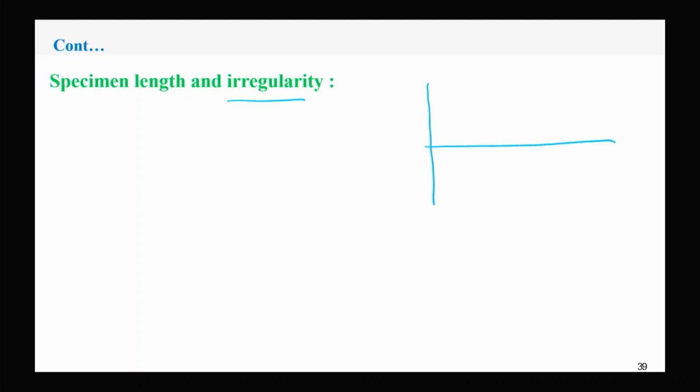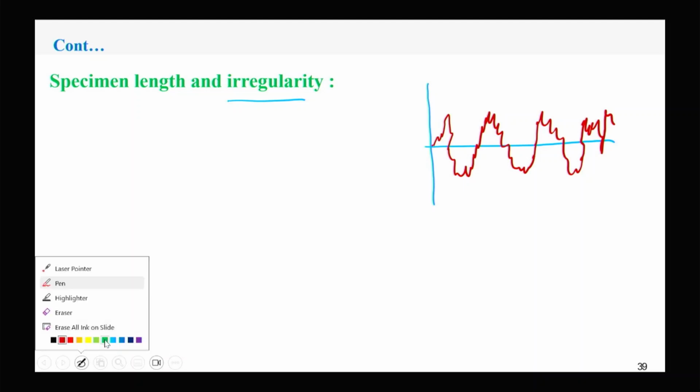Now suppose we have two yarns. Yarn 1 has this type of strength distribution. Another yarn has the strength distribution shown by this green plot.